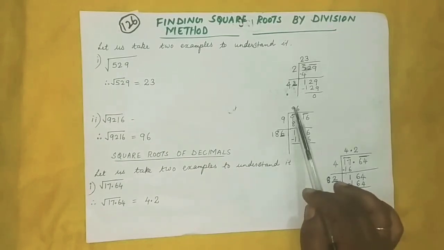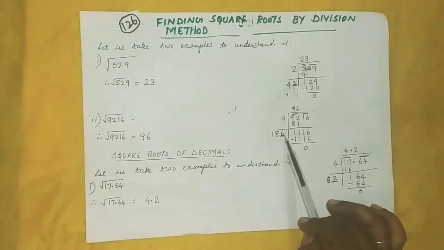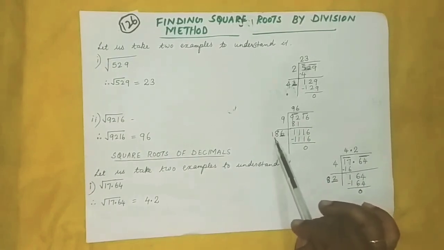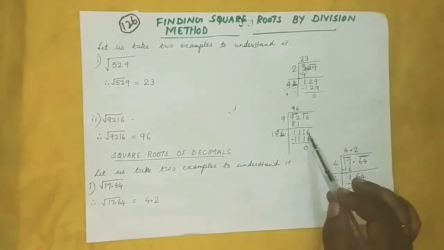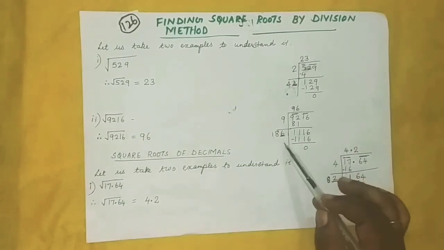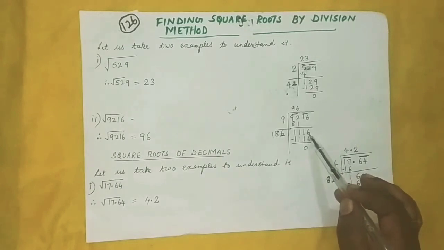Now this 9's double. The quotient we have is only 9. 9 2s are 18, that I wrote here. Now on the right side of that, the ones place digit is vacant. We can write a digit here so that we multiply that digit with this number. Here what is the last digit? 6. You know, two ways we get 6: either 4 into 4 is 16, 6 will come in the ones place, or 6 into 6 is 36.